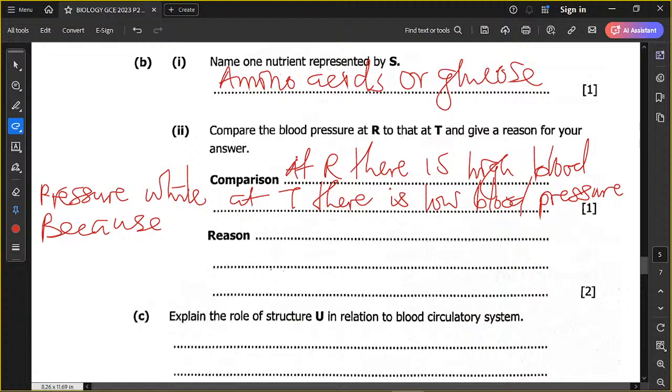At R the blood is coming from the heart going to the other parts of the body.